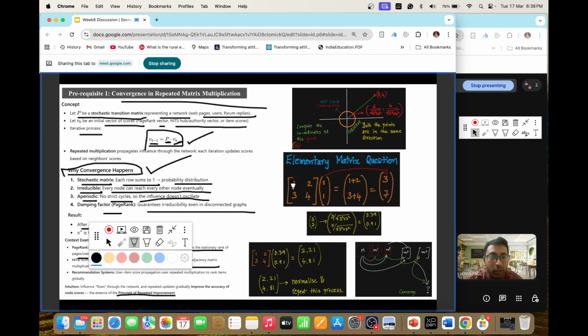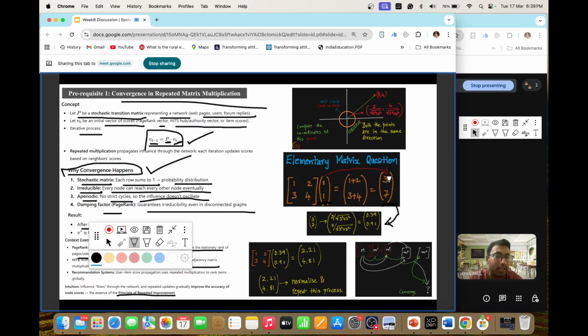Let's say this is a matrix. If we multiply it with a vector, then you will get a new vector. Let's say this vector is Vk. After multiplying with this P matrix, we get another vector Vk plus 1. What we have to do is normalization, so that it won't explode. That is why normalization is important.